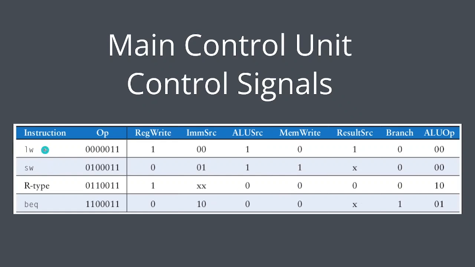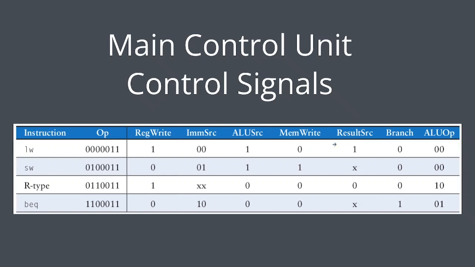On the other hand, for the load instruction, result source is high, meaning the data written to the registers comes from the memory. To sum it up, these control signals, RegWrite, immediate source, ALU source, branch, MemWrite, result source, and ALUOp are essential for managing the flow of data and operations within the CPU.